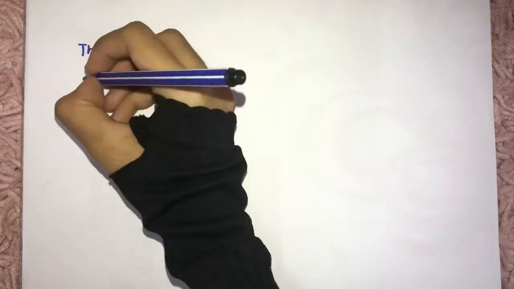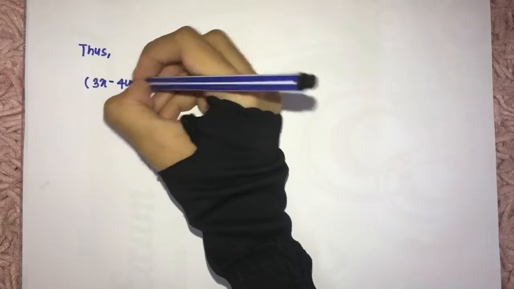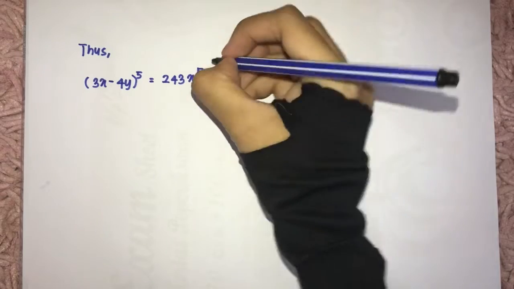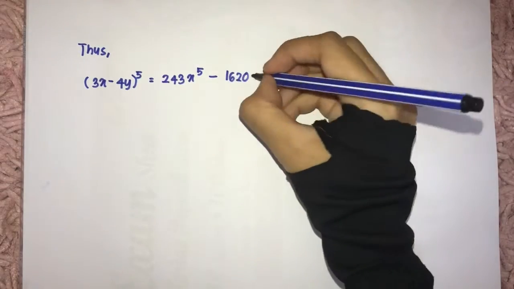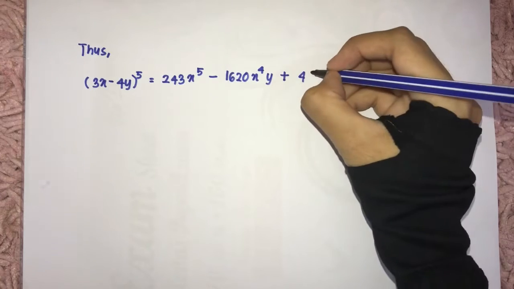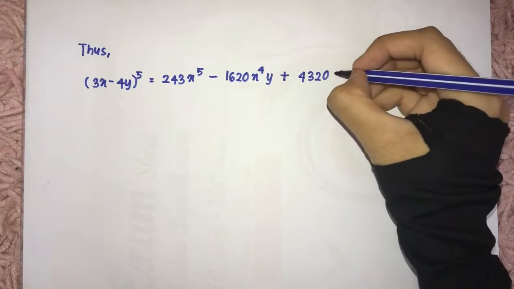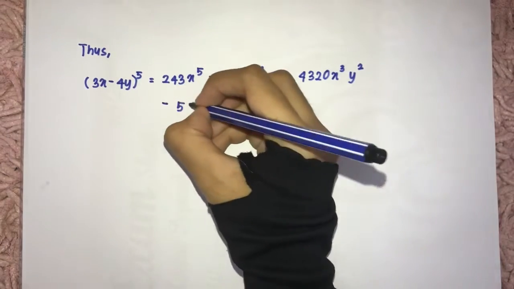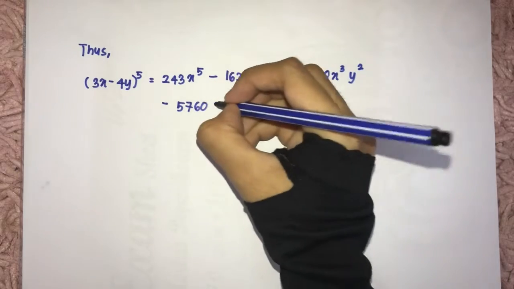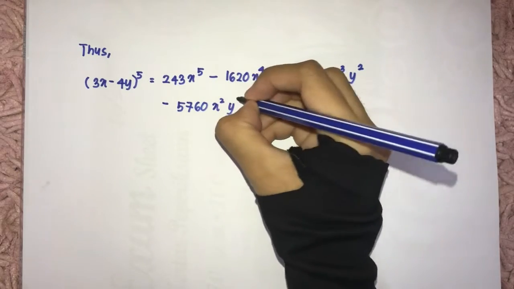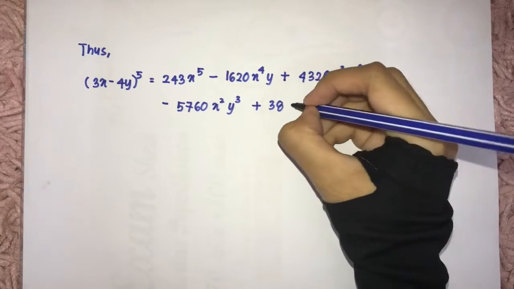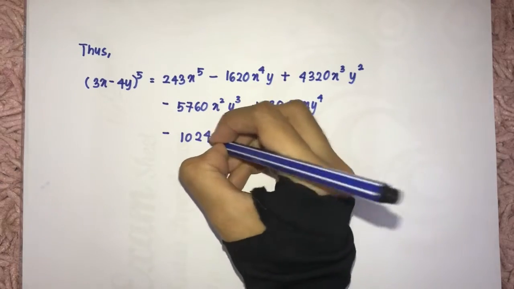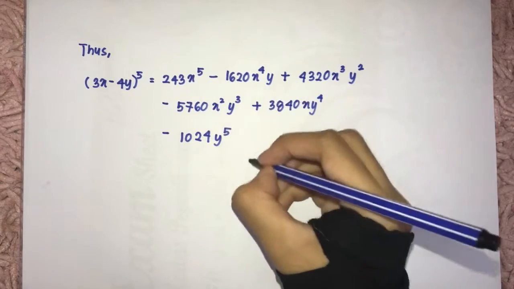So for the final answer, 3x minus 4y to the power of 5 equal to 243 x to the power of 5 minus 1620 x to the power of 4 y plus 4320 x to the power of 3 y to the power of 2 minus 5760 x to the power of 2 y to the power of 3 plus 3840 x y to the power of 4 minus 1024 y to the power of 5.